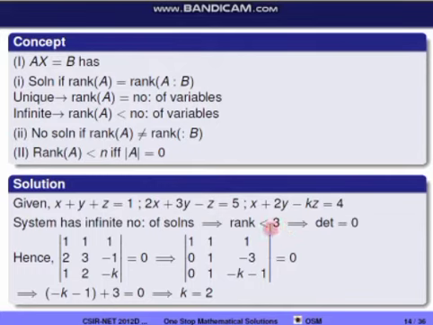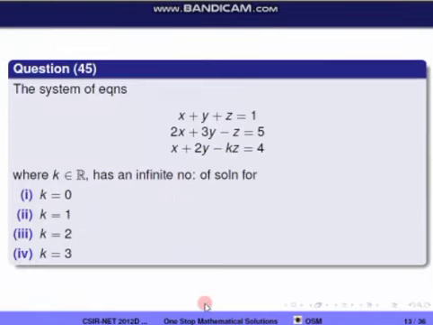That is, rank is less than the order of the matrix. So this implies the determinant should be equal to 0. So equate the determinant of the coefficient matrix to 0 and find the value of k. Once we solve, we get the value of k to be 2. So now we'll check the correct option. So the correct option is the third one.